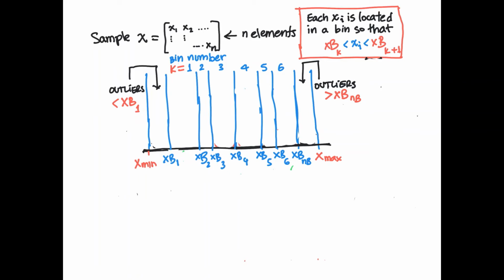And then what we're going to do is take each XI and locate it in a bin so that it will be between the lower and upper limits of the bins.